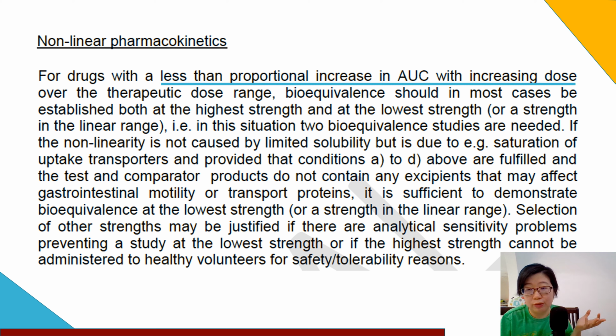Because in a way it's not economical, and you expose your participants to multiple doses of the same drug. Bear in mind, they are healthy volunteers, so it's a bit unnecessary and unethical to do so many.